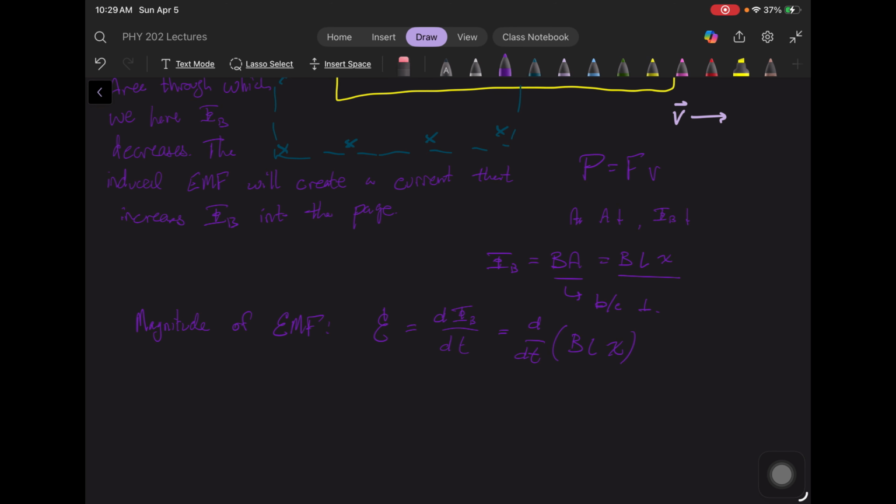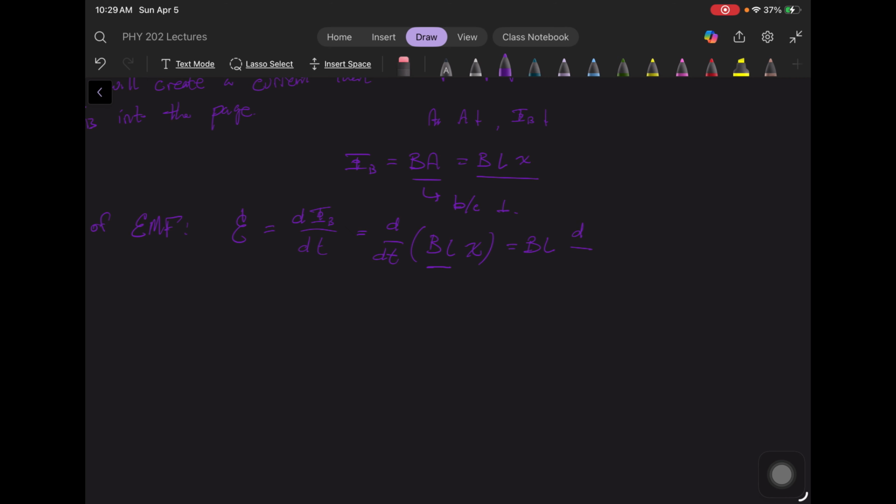Okay. And so B and L are both going to be constant, right? The height of this isn't changing, and the uniform magnetic field's a constant. And so, it's not the prettiest X. There we go. Okay. And so we have dx dt, which, as we all remember, is equal to v. And so we have BLv is going to be the magnitude of the EMF.